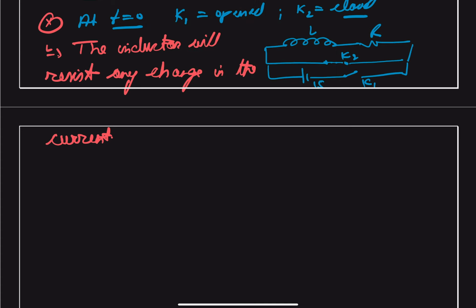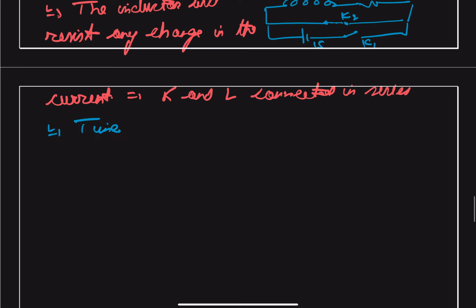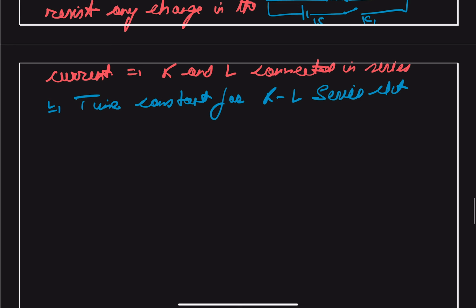So we can find out their time constant for an RL series circuit, which is given as tau, and that will be equal to L upon R. If we substitute the values, the inductor is given to us as 0.03 henry and the resistance is 150 ohm, and this comes to 0.2 millisecond. So this is the time constant for the RL series circuit.